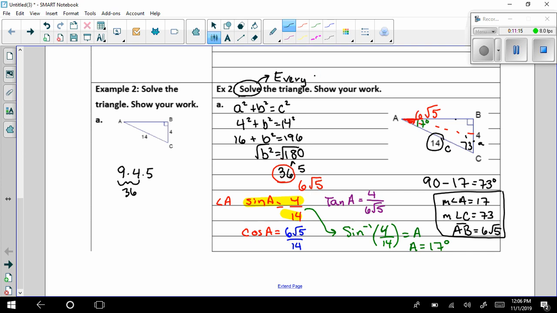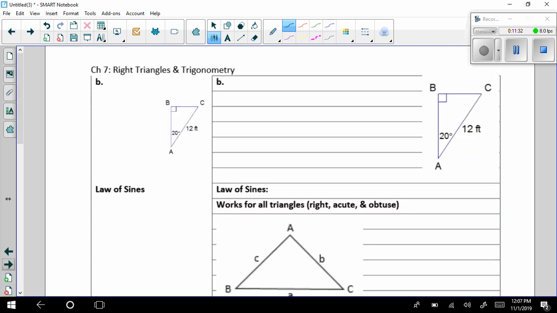Every side and angle not labeled. All right, so let's do one more here. So here we have an angle.